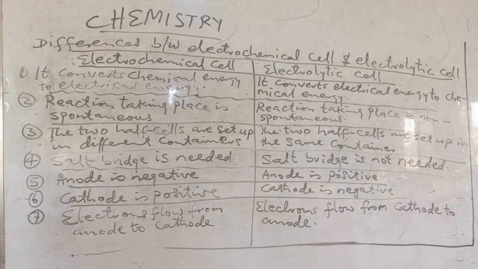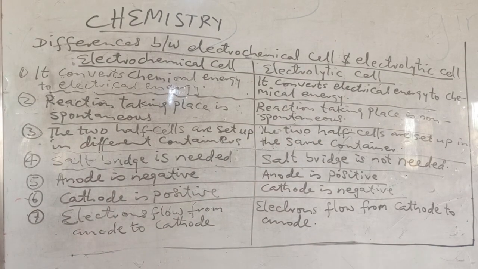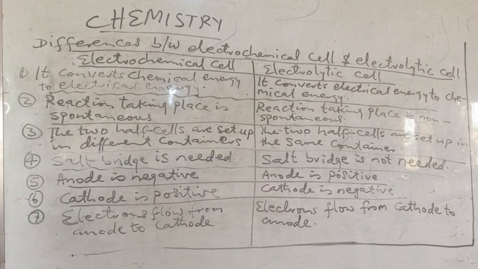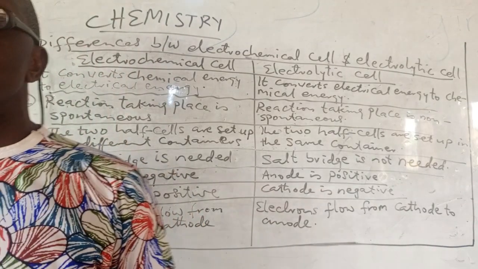Number 5, anode is negative. Anode is positive. 6, cathode is positive. Cathode is negative. 7, electrons flow from anode to cathode. Electrons flow from cathode to anode.